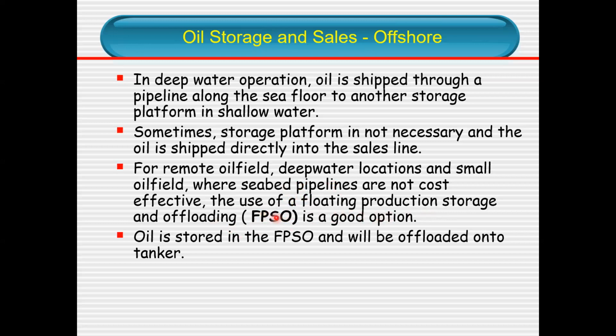It is like a big ship, just to store the crude oil. It just goes nearby, and they have all the hoses to pump the crude oil to the FPSO. And then the FPSO can basically move, so it can move near to the onshore and offload to the tanker.